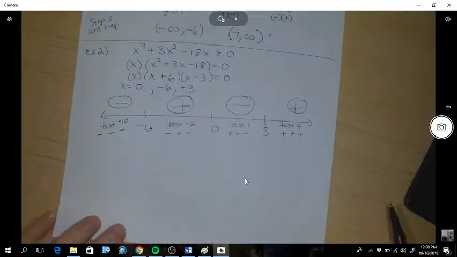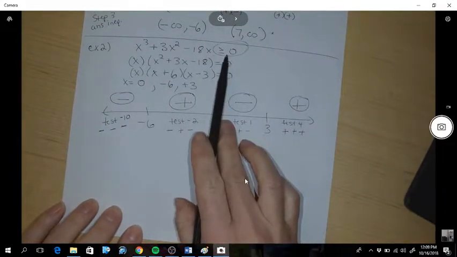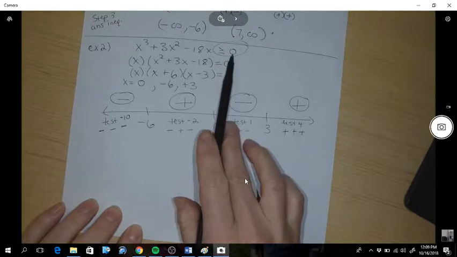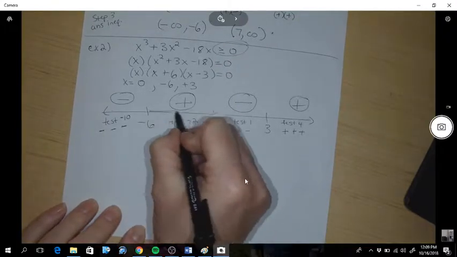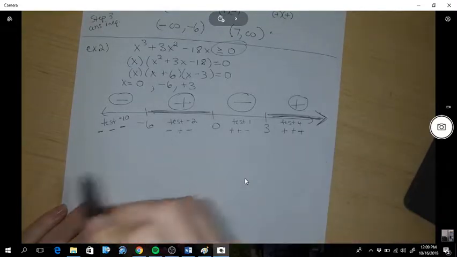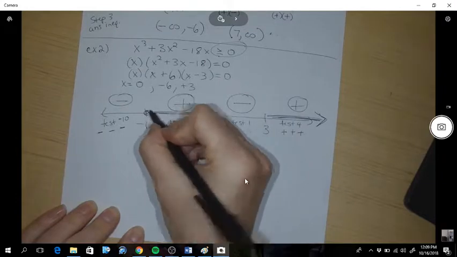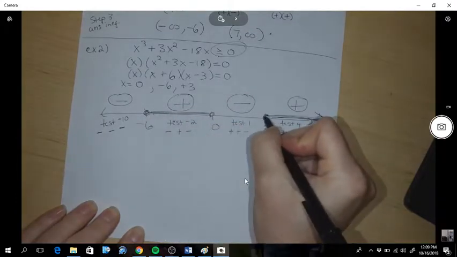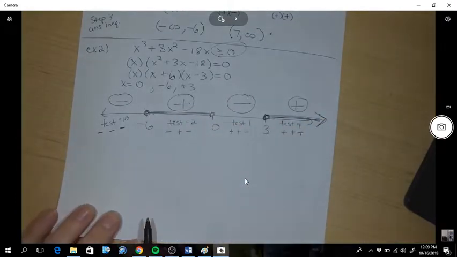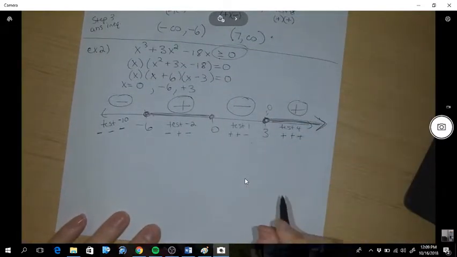So where's your solution? Where does this end up being greater than or equal to 0, so that's positive. So here, this region and this region, and this time I am equal to this, so I'm going to put a closed dot saying I can be exactly at 3 because I can have a solution of 0.